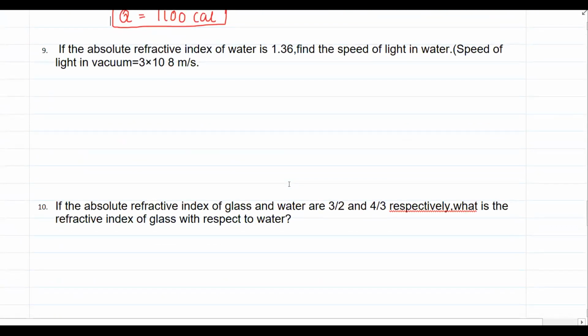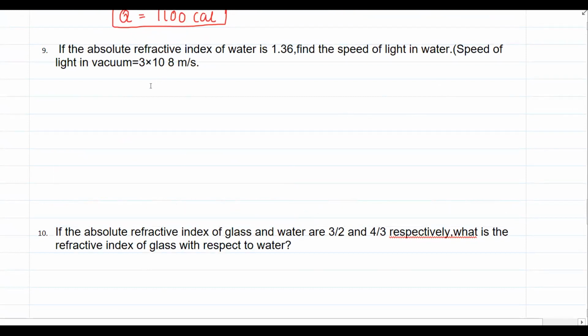Next question is from refraction of light. If the absolute refractive index of water is 1.36, find the speed of light in water. We want to calculate. So given, absolute refractive index we are denoting by N. N is given 1.36. Speed of light in water we have to calculate.